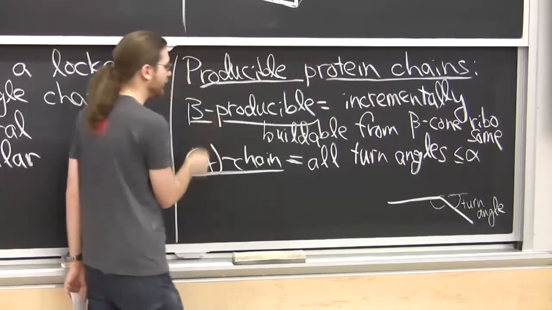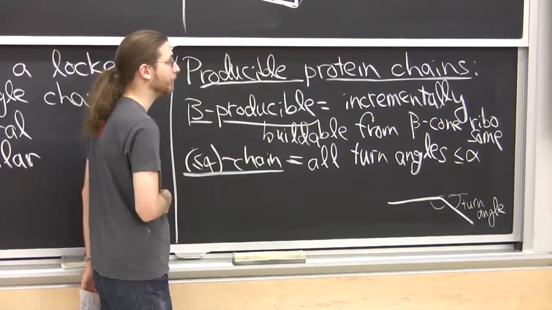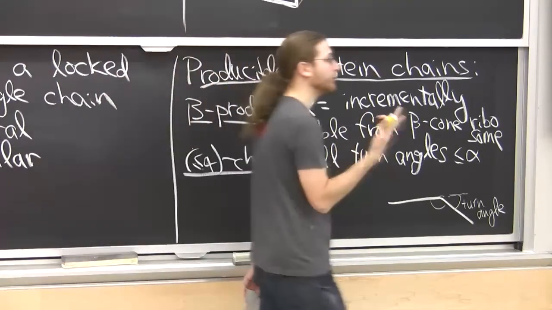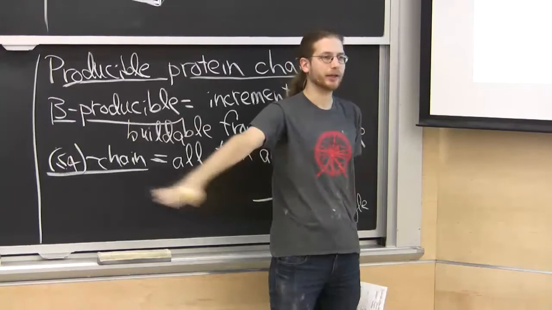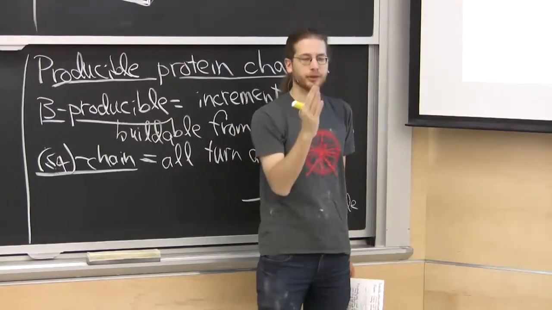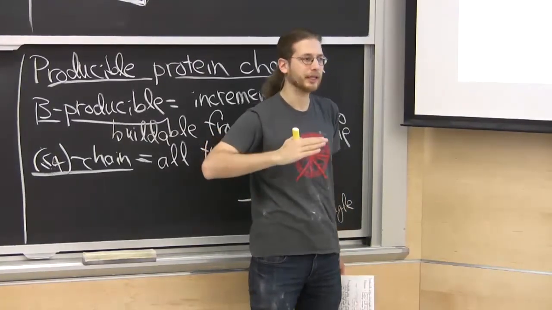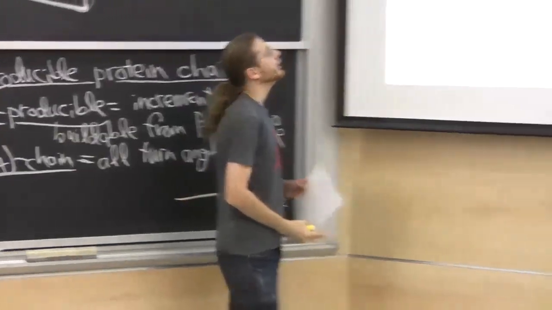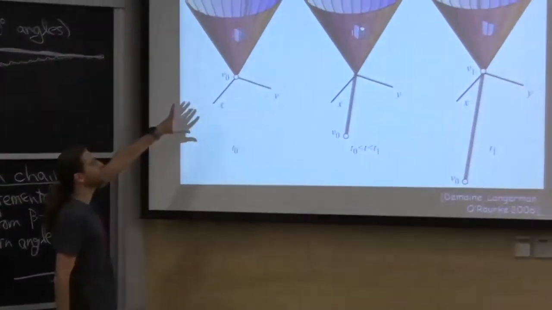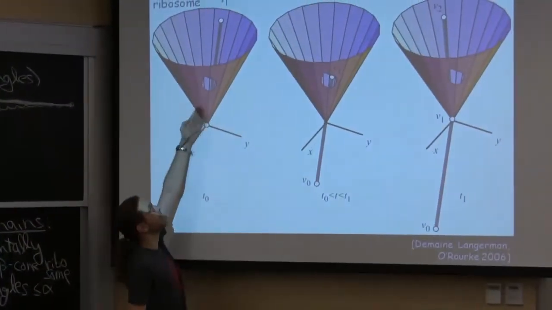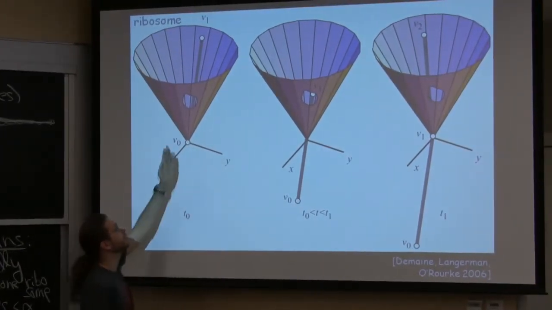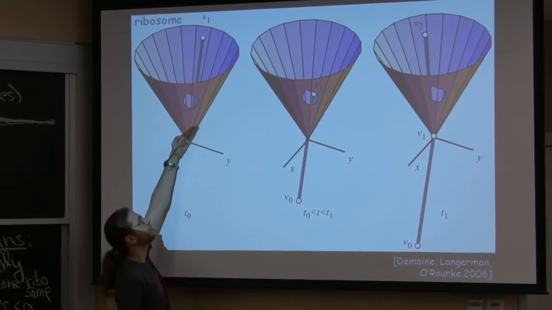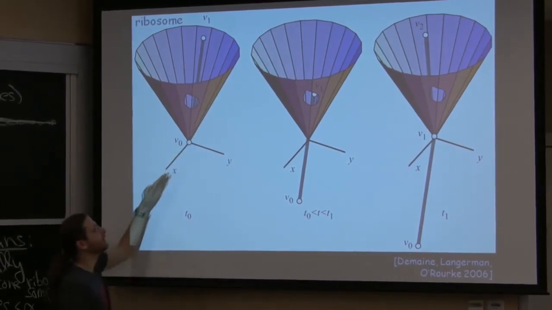Now there's a relation, as Jason was mentioning, between alpha and beta. In the ribosome, because you always exited orthogonally to the plane that was your cone, the sharpest angle you could get was a 90-degree turn angle. Here we're a little freer because this edge can wiggle around as long as it touches the apex. So if you're up against the cone, you have to slide out into the complementary cone.